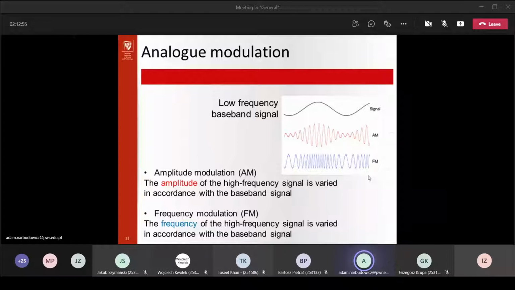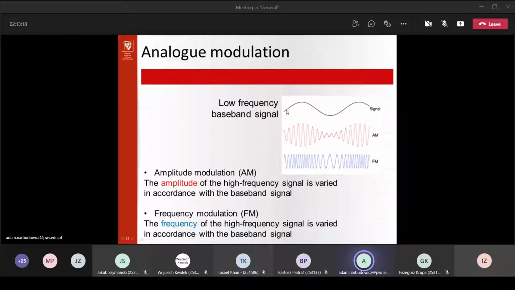Okay, so those are the basics of analog modulation, the two basic concepts of amplitude and frequency modulation. Now, of course, you could do something similar with digital signals.